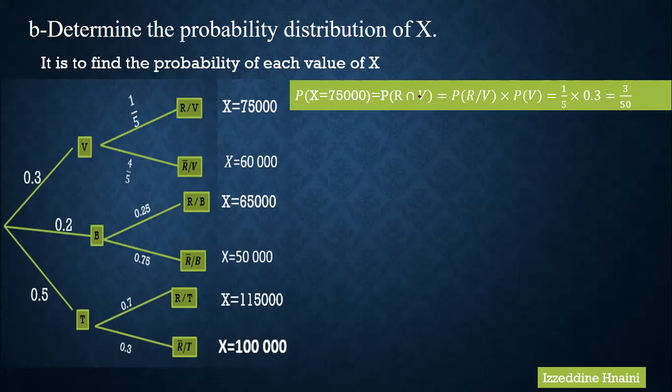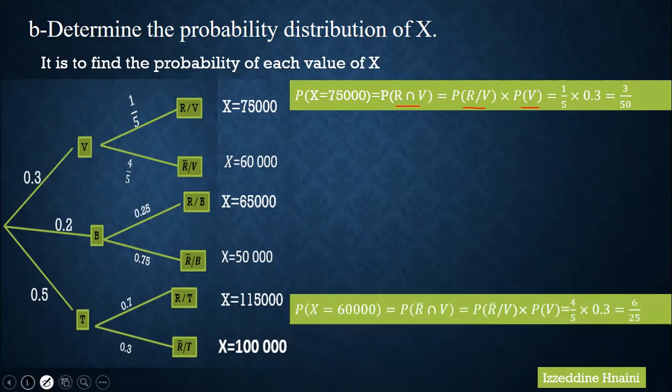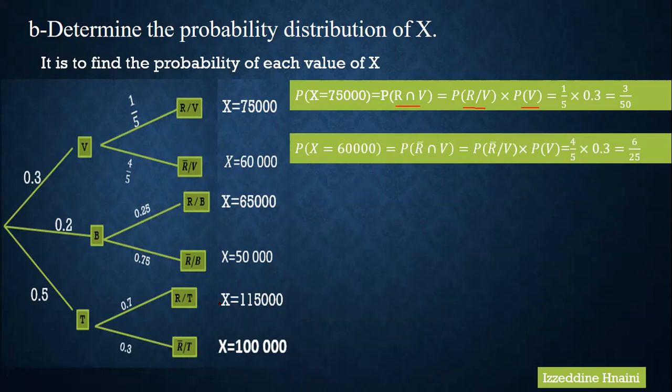Here, 75,000 corresponds to the event R intersect V. Apply the rule, it is P(R given V) times the probability of V, so it is 3/50. 60,000 corresponds to the event volleyball without gathering day, which is R bar intersect V, equal to P(R bar given V) times probability of V, which is 6/25.